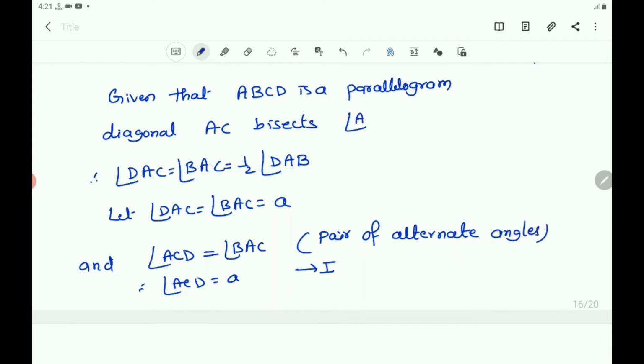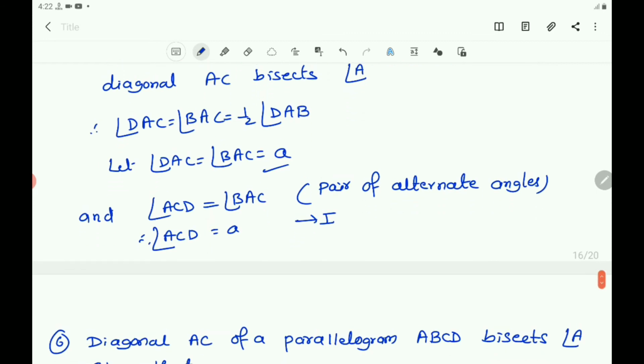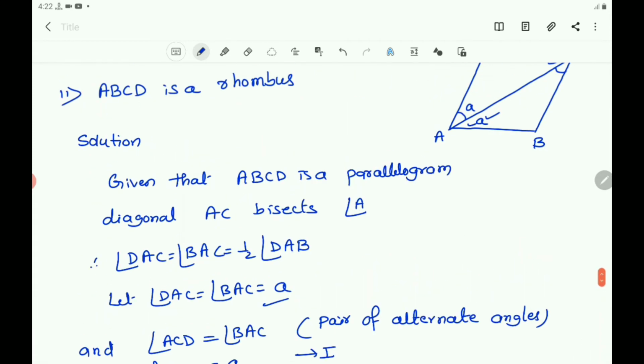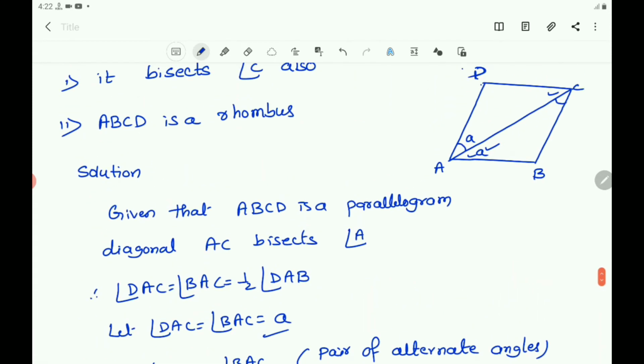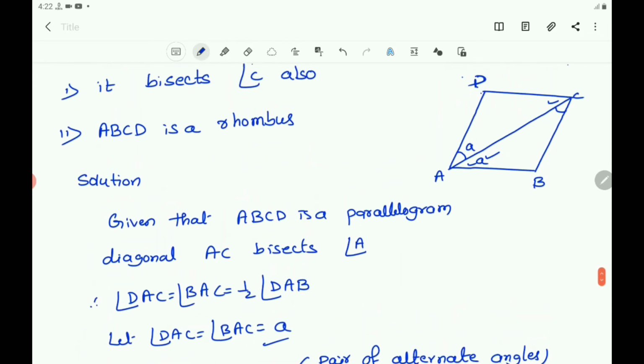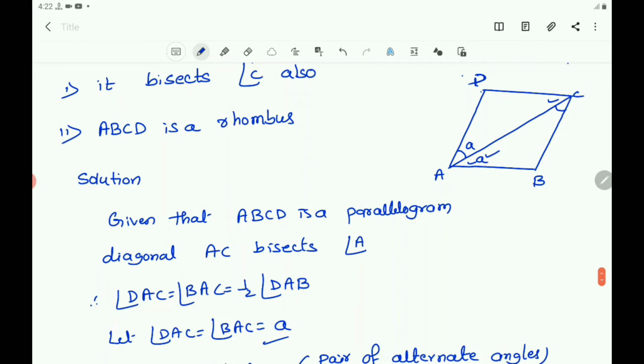Therefore they are equal. As angle BAC equals A, angle ACD also equals A. Now let us take the angle ACB.